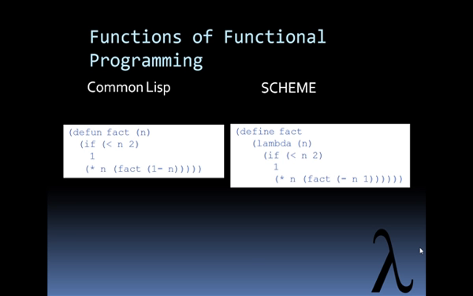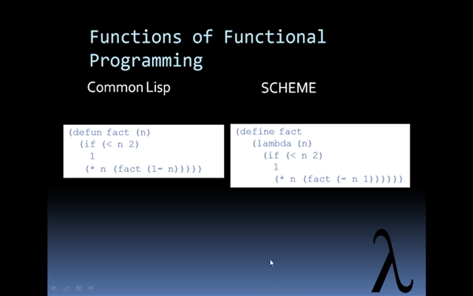The specification is about 50 pages compared to Common Lisp's 1300-page draft standard. Scheme is often used in computer science curricula and programming language research due to its ability to represent many programming abstractions with its simple primitives.